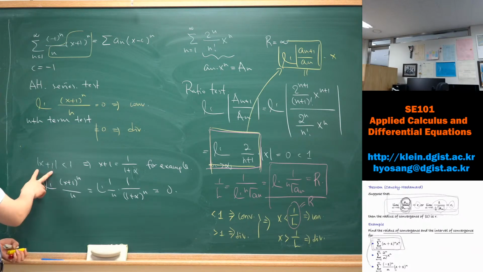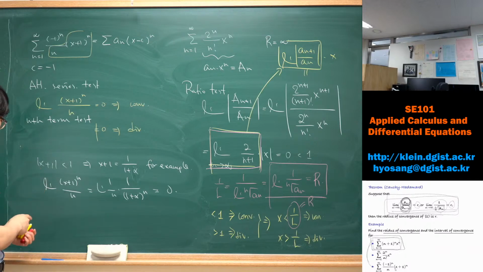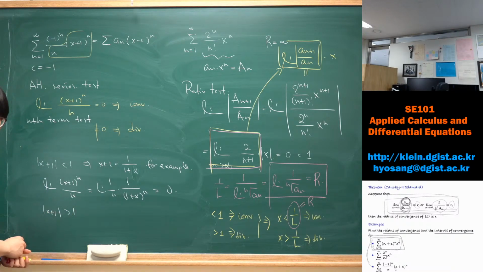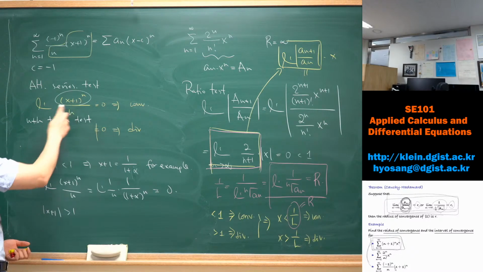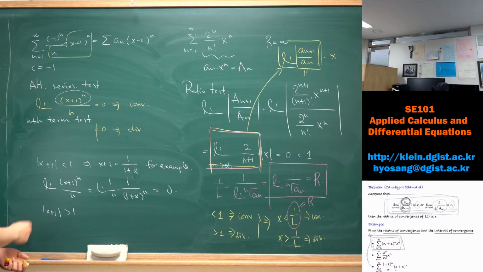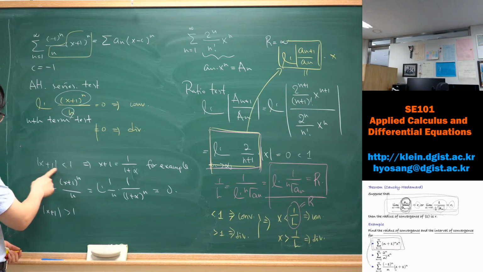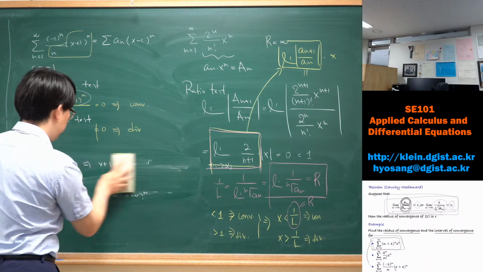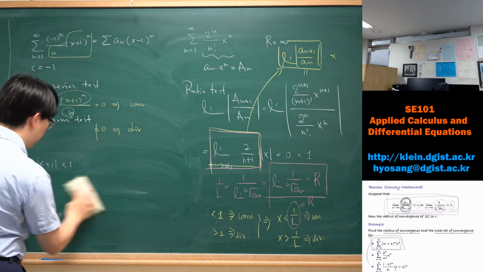What if you have x plus 1 bigger than 1? Then you have exponentially growing to infinity, against polynomially growing to infinity. Exponential always dominates, so it goes to infinity. So it only matters what the absolute value of x plus 1 is. Whenever it's bigger than 1, it diverges.